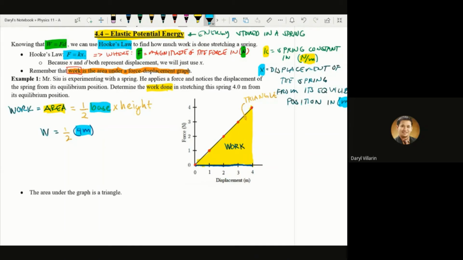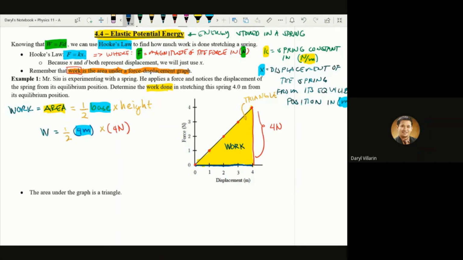And now what's my height? Well, if you can see, what is this height here? The height is this one, and this height is 4 newtons. So therefore multiplied by 4 newtons. Okay.